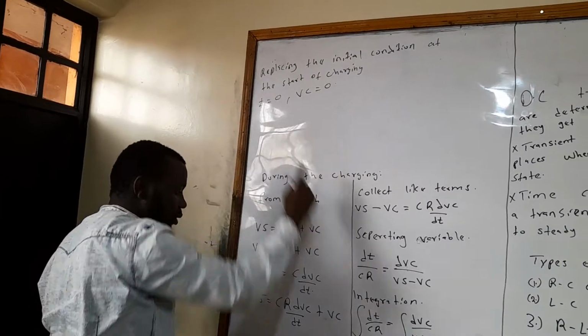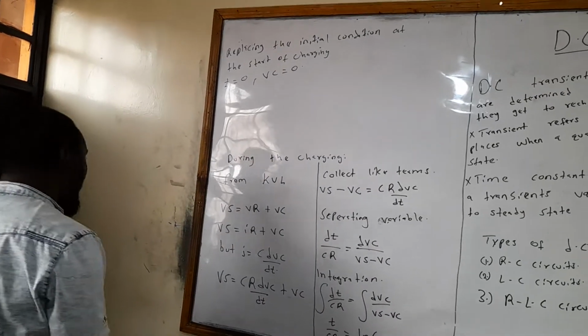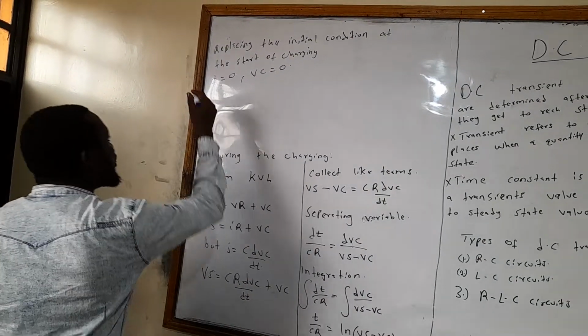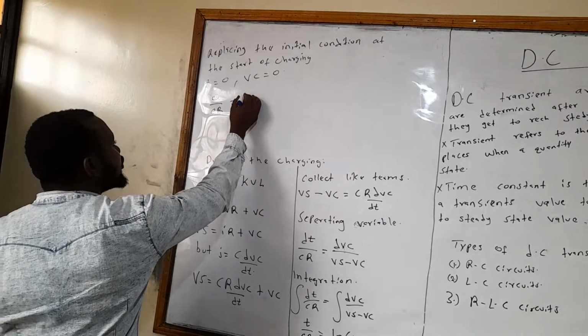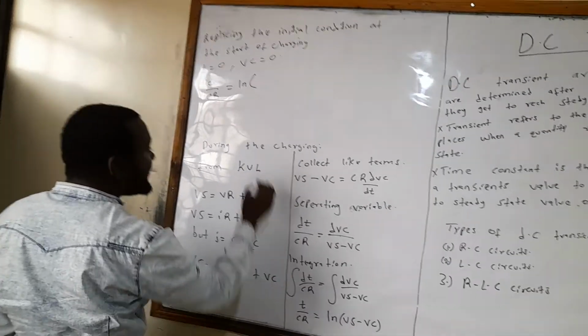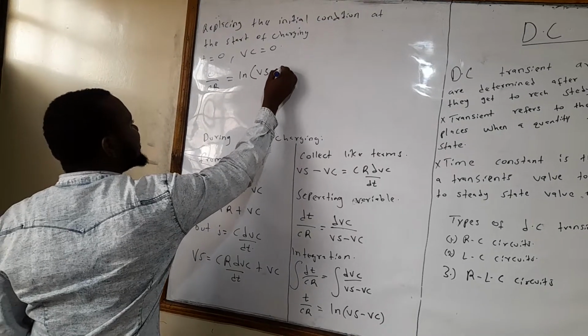Therefore, replacing this in this equation, we are going to have 0 divided by CR is equal to ln of Vs minus 0.